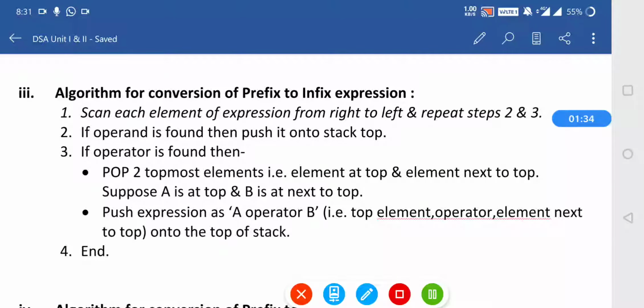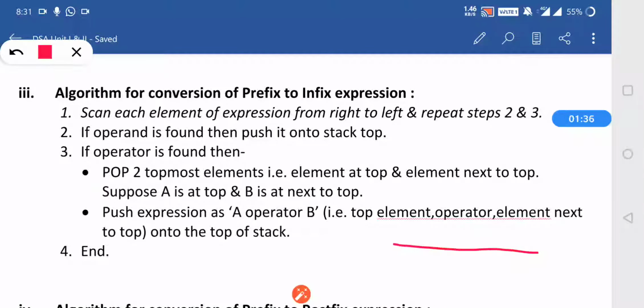Keep in mind, we will scan from right to left, and we will repeat the steps. When we are scanning and an operand is found, then we will push that operand onto the top of the stack.